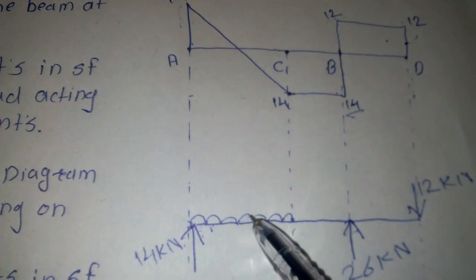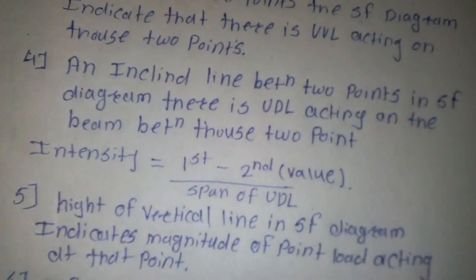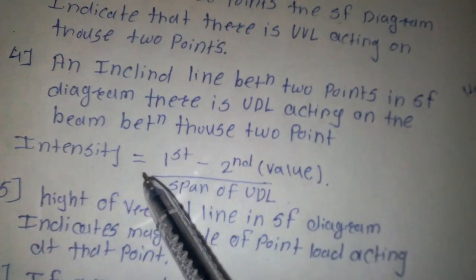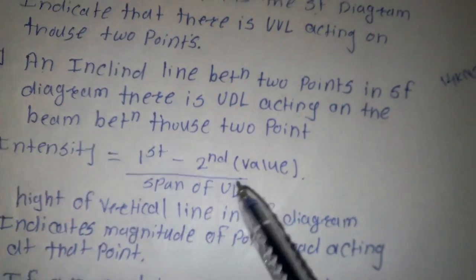Now find the intensity of the UDL by using the formula: intensity of the UDL equals first value minus second value upon span of the UDL.